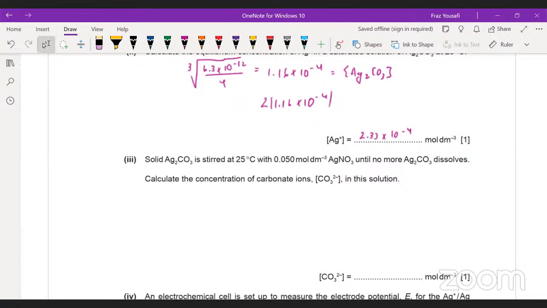If we want, then we've added silver nitrate in here, basically 0.05 mole per dm cube. This will cause the concentration of the Ag plus ions to now become equivalent to the concentration of silver nitrate, because we don't care about the saturation of the silver carbonate anymore. All of the silver ions are going to come from silver nitrate itself. So we set the question up this way.